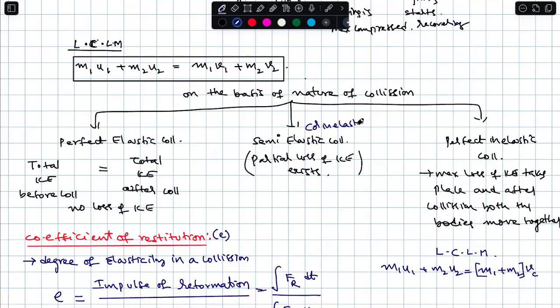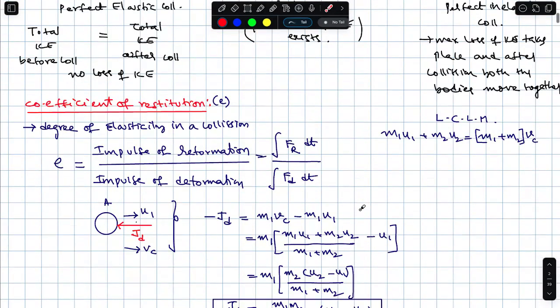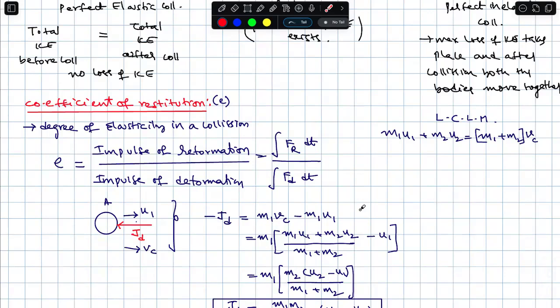Semi-elastic collision is also called inelastic collision, actually. There is always a confusion with that. That's the reason I did not write it that time. When I say inelastic, I should refer to perfectly inelastic, and even if it is elastic, I should say perfectly elastic. So I have defined a coefficient, a number that gives you the degree of elasticity in a condition.